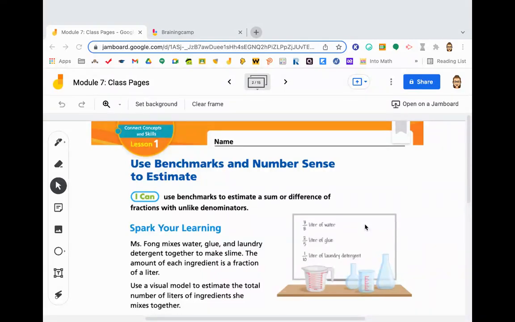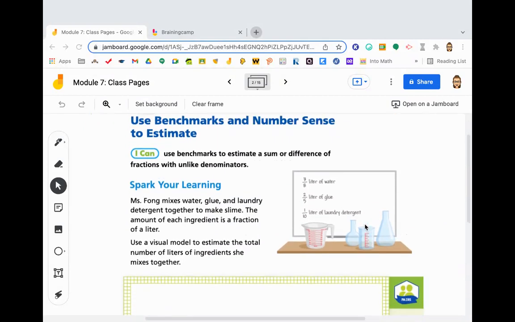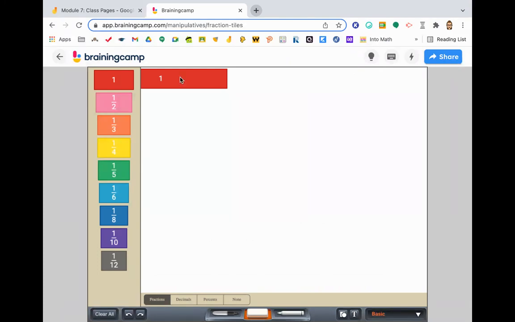So our first problem says, Miss Fong mixes water, glue, and laundry detergent together to make slime. The amount of each ingredient is a fraction of a liter. Use a visual model to estimate the total number of liters of ingredients she mixes together. So I'm going to come over here. We're going to compare to 1, and we're going to compare to 1/2.